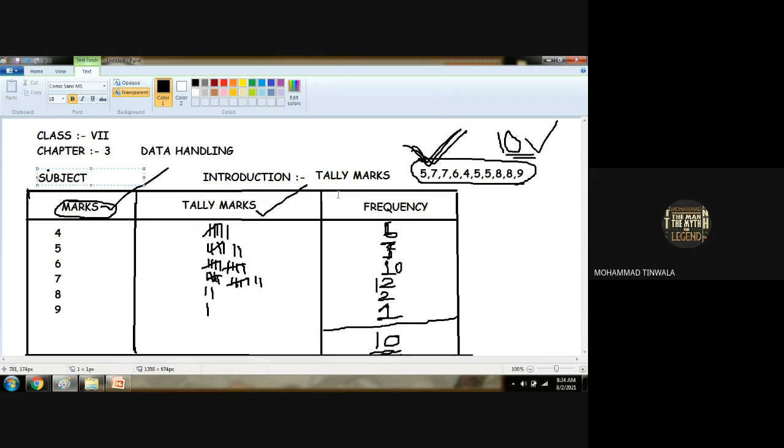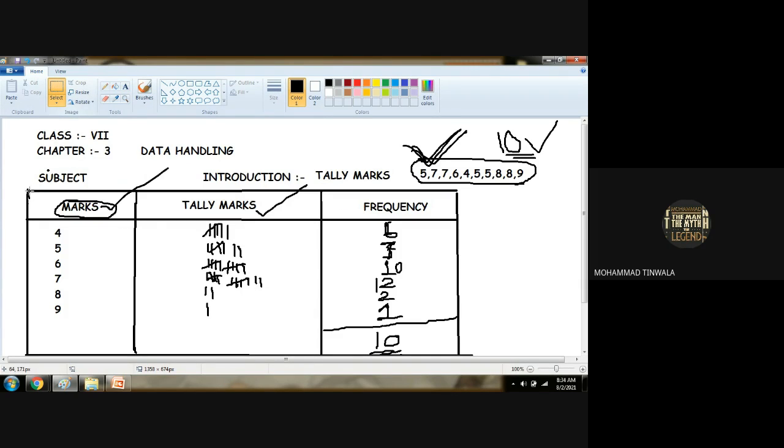And over here you can write along with frequency the number of persons. Here it is number of students, right? Do you understand? Yes. Okay, chalo.